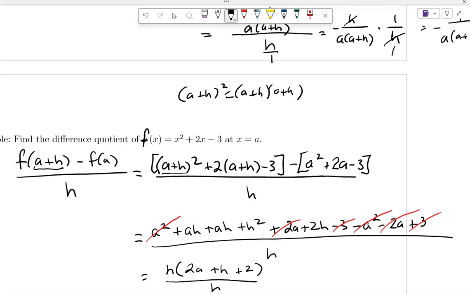And now the very last step is to cancel the h. So we get 2a plus h plus 2. I thought I forgot something, but I didn't. My brain was wrong about where the 2 was. And again, that little caveat at the end: h can't be 0.